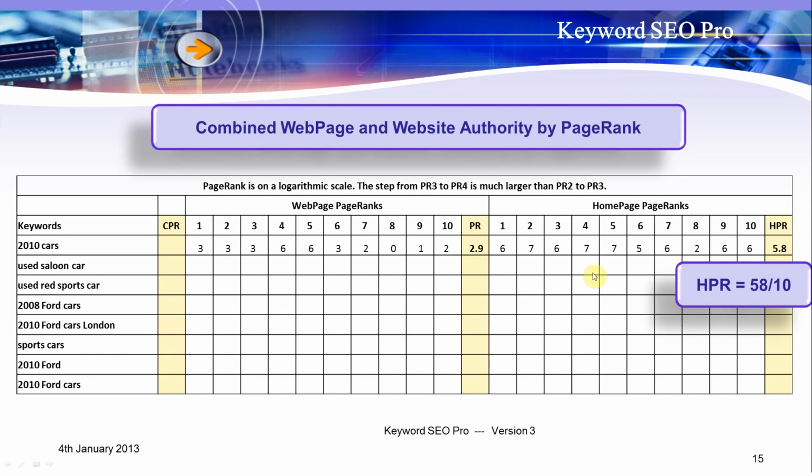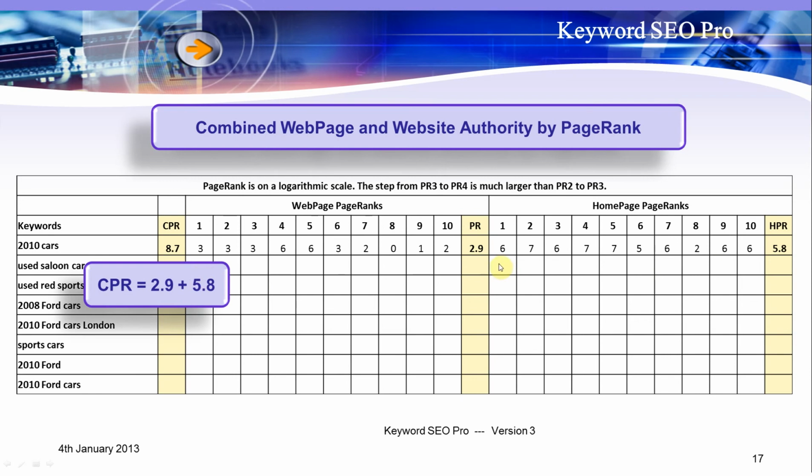And if we do the same for the associated homepage PageRanks, it adds up to 58, and the average is 5.8. Add these together, 2.9 and 5.8, and the combined keyword difficulty for this keyword is 8.7.